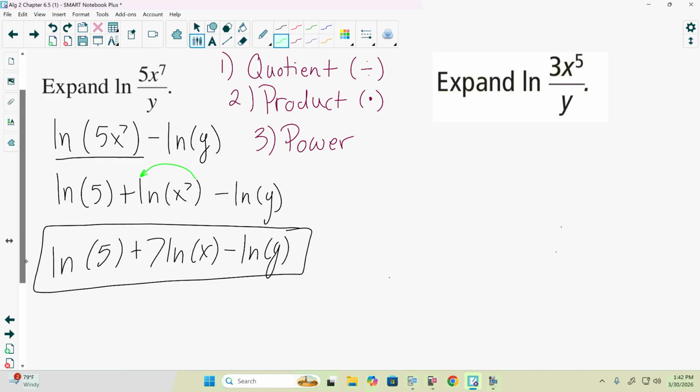And that's it. That is it in fully expanded form. Each term inside the parentheses, we have exactly one. They cannot reduce. They don't simplify. We are finished. So for expanding, we go quotient, product, power. Quotient, product, power. Questions on this here?